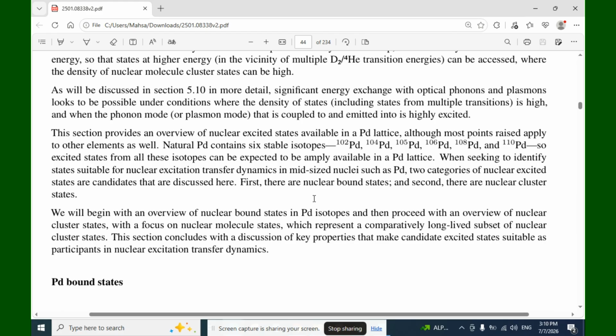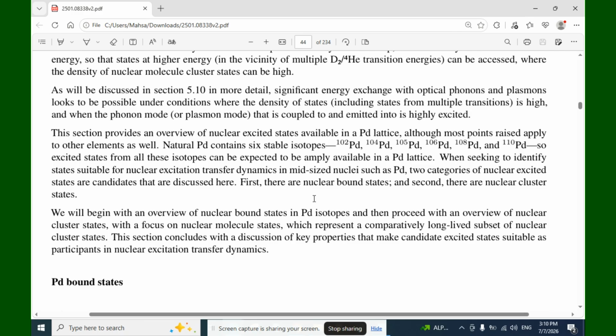Significant energy exchange with optical phonons and plasmons looks to be possible under conditions where the density of states, including states from multiple transitions, is high, and when the phonon mode or plasmon mode that is coupled to and emitted into is highly excited.